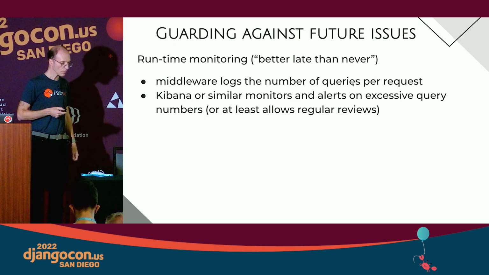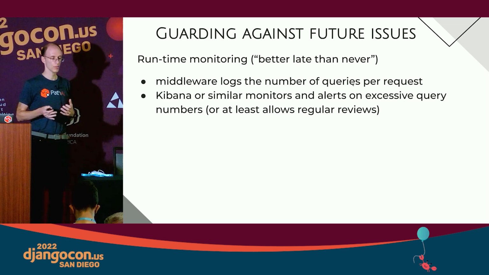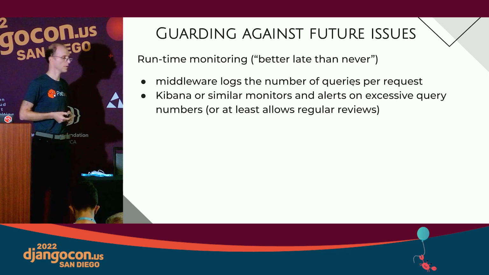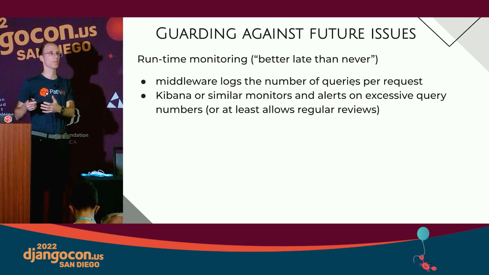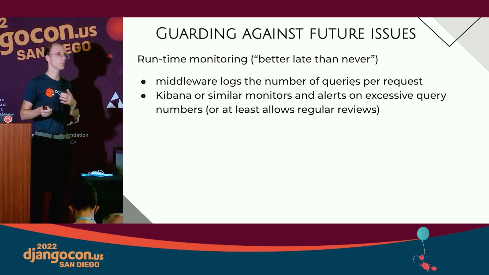Basically, having some tools that you can turn on more instrumentation, or even at least having some very basic metrics, such as number of queries per request, or how long you're spending in those database calls, will let you, if you log that and pipe that to Kibana or something like that, install metrics, alerts, do regular reviews, all the good stuff, depending on your operational posture, as they say. And then at least you will become more aware of these things happening. You can plan on addressing them before they blow up, right?